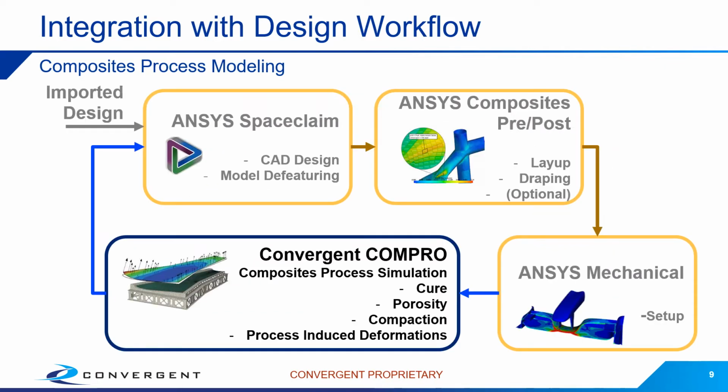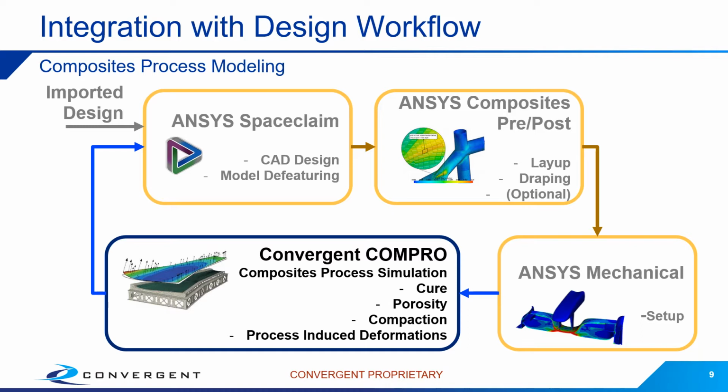Now, of course, this is the ANSYS presentation. And we can do the same thing with ANSYS, so we can either generate a design in SpaceClaim or import it into SpaceClaim. We can defeature a model as necessary in here as well. Optionally, you can use ANSYS Composite PrepPost to define your layup and draping. You can use ANSYS Mechanical to set up your model, boundary conditions, and loads, and if you haven't used ACP, define your mesh as well.